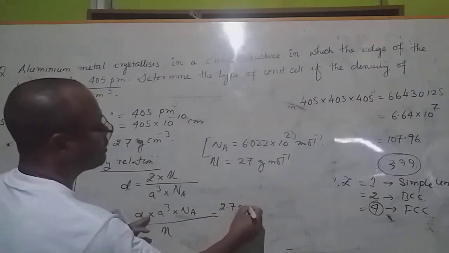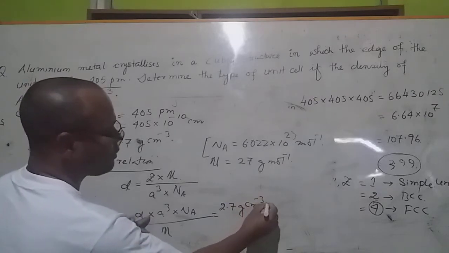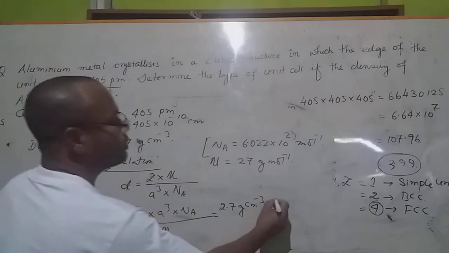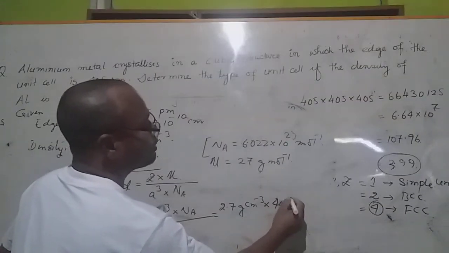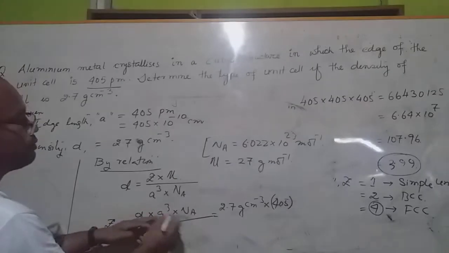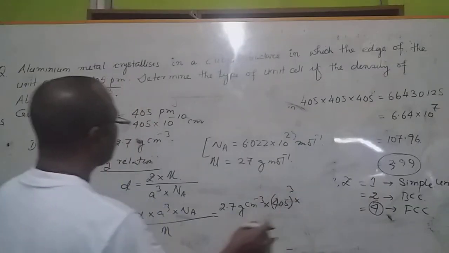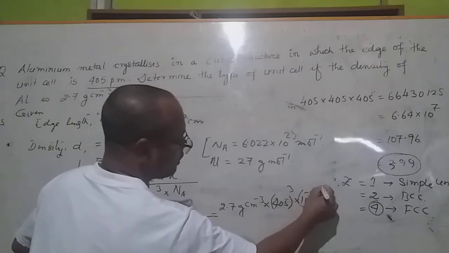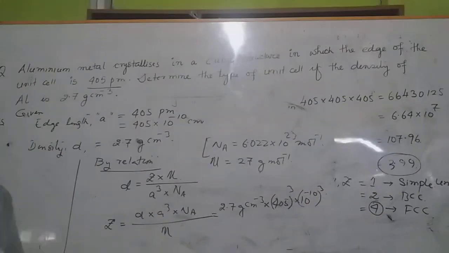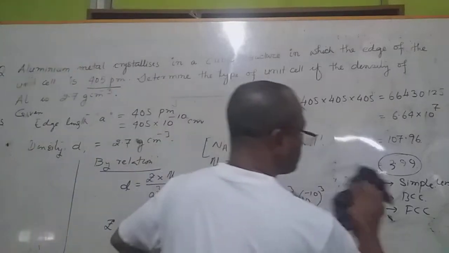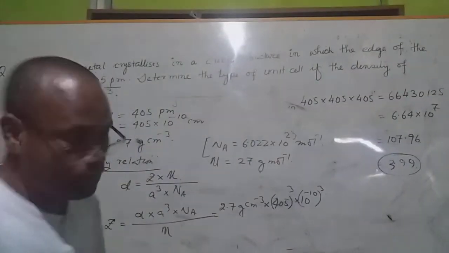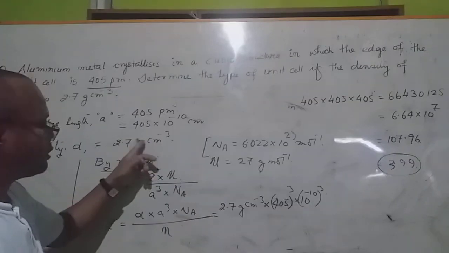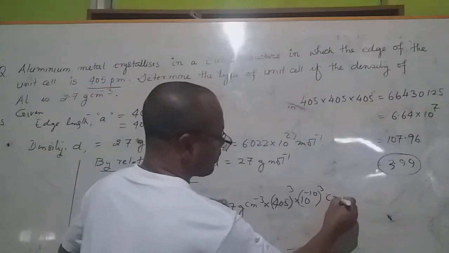gram per centimeter cube, multiplied by a cube, which is already converted into centimeter, so it should be cubed, 405 into 10 to the power minus 10, that also cubed. The centimeter also we have to write three times, that is centimeter cube.